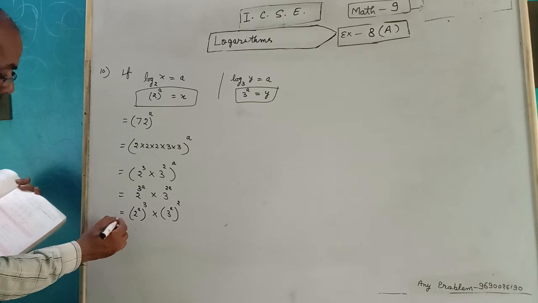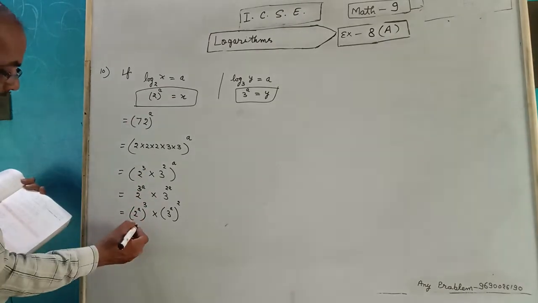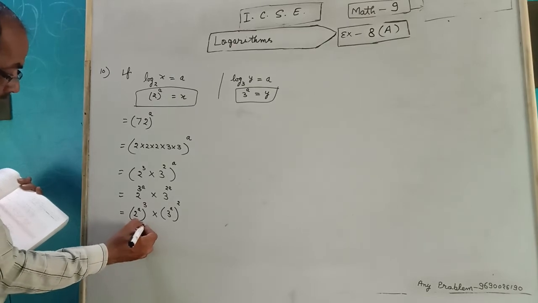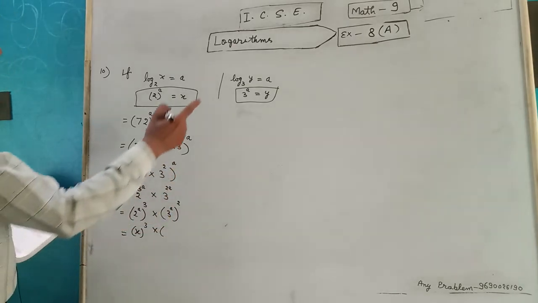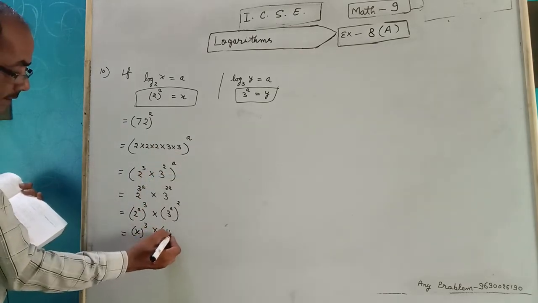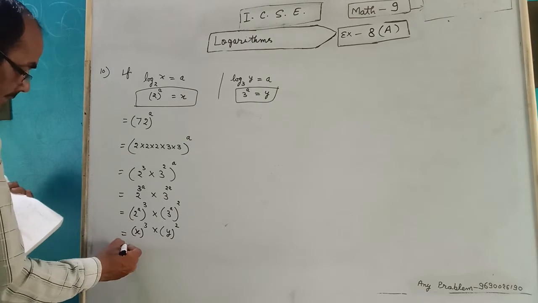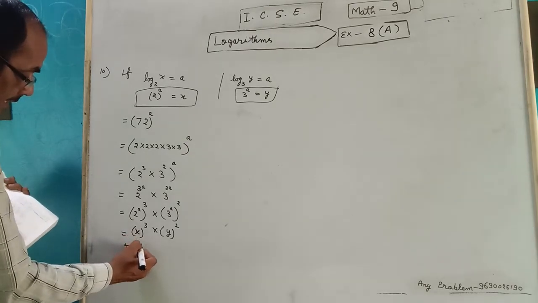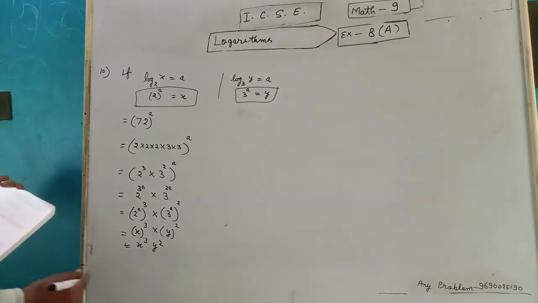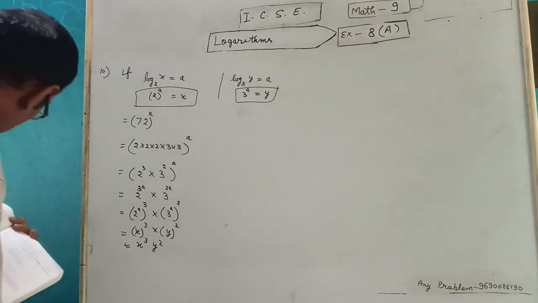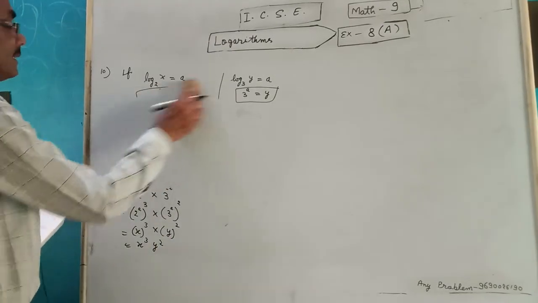Putting the value, 2 as power a value is x and 3 as power a value is y. Power is the same. After that, x cube y square is the answer. Question number 11.